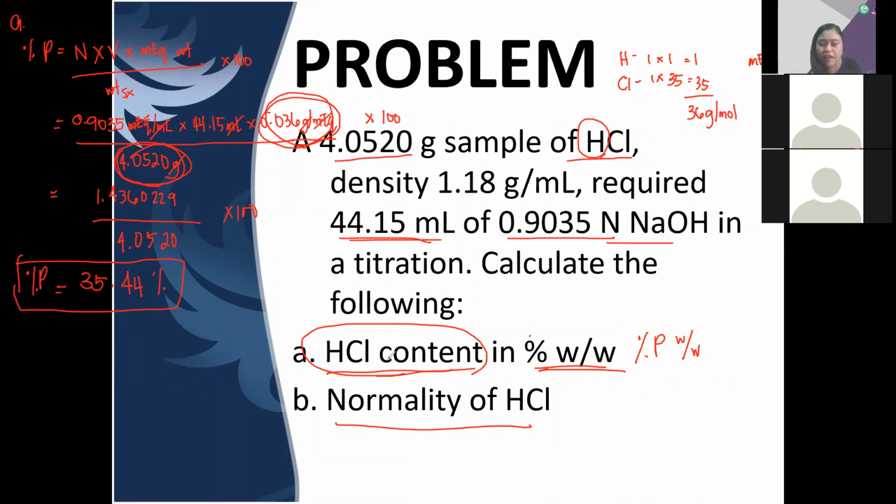We are only discussing acidimetry and alkalimetry because we are still under the neutralization reaction. But after finishing acidimetry and alkalimetry, we will be talking about precipitometry and compleximetry. Those are still titration processes, but that is outside acids and bases.